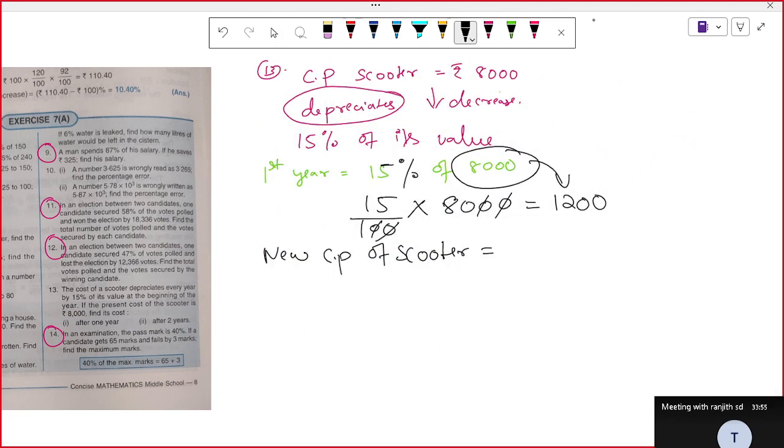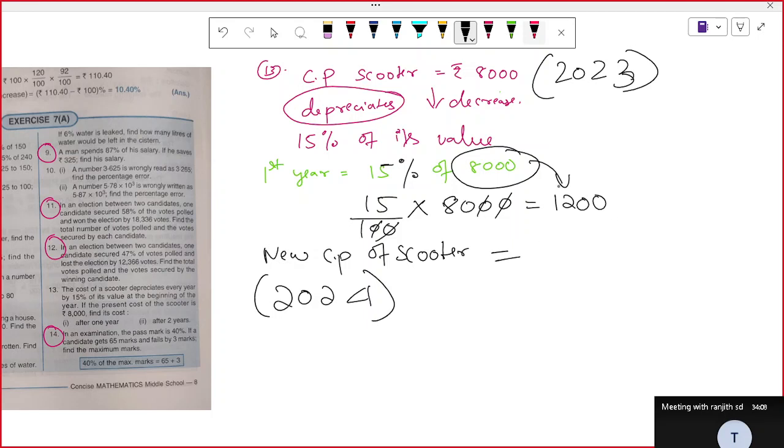So this is 2023. In 2023, if you have a scooter that is worth 8,000, in 2024, just for example, what would the price be after reducing its value? 1,200 is reduced, 6,800. Okay, this is the first answer.